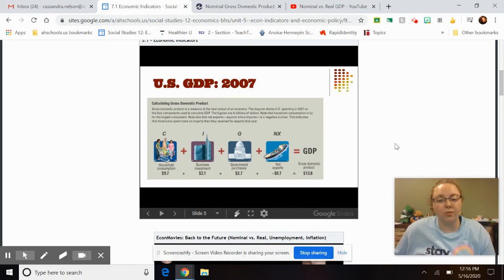So you could write it as plus a negative number, or you could just write it as minus. It's up to you. I've seen it done both ways. Net exports is whatever we send out of the country that doesn't get sold in our country, and it does not count towards the GDP. So take all those numbers, add them, subtract them, and you get the gross domestic product amount.